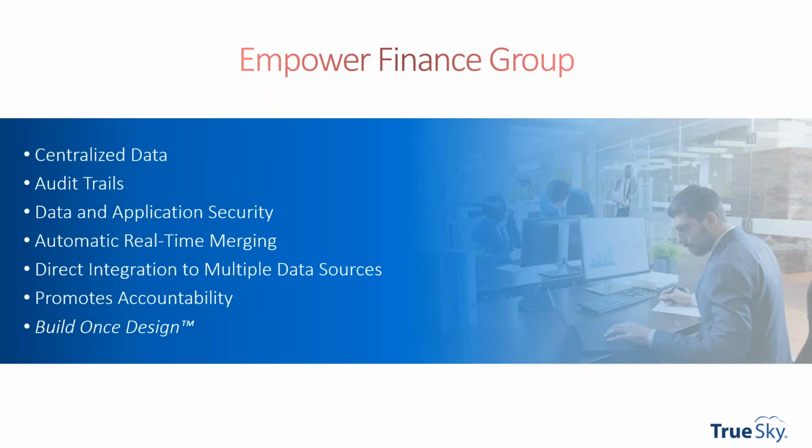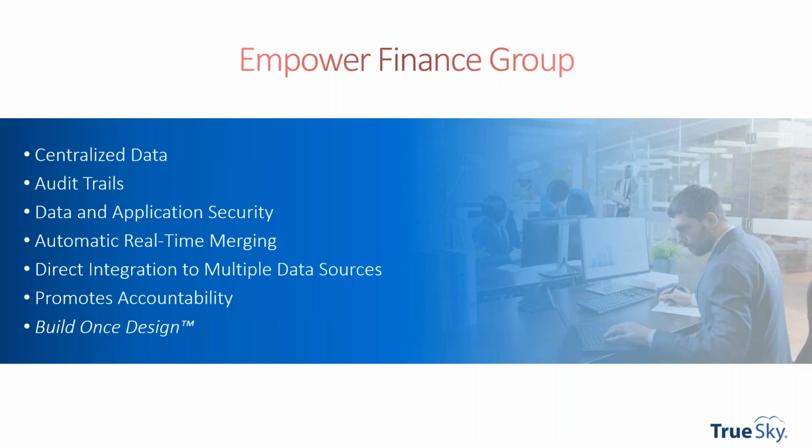We provide not only application security, but data security as well. So certain people, in the case of compensation, they may not be able to see certain employees' salaries, but they can see other employees' salaries. When it comes time to roll up your budgets into your final comprehensive budget, we do automatic real-time merging of your data. No linking of spreadsheets, no trying to consolidate them, get them all back through email.